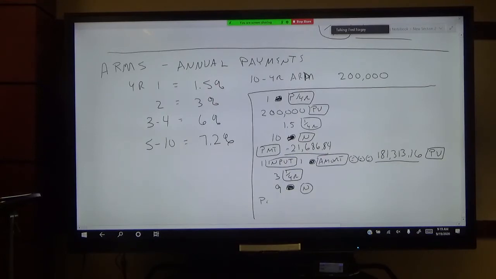Then find the new payment. And this is where we had stopped with previous examples of adjustable rate mortgages. So now let's continue the process.